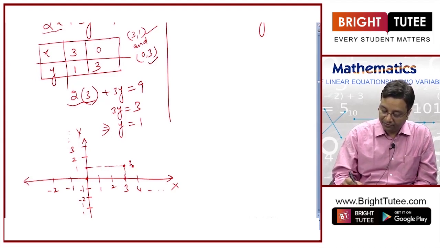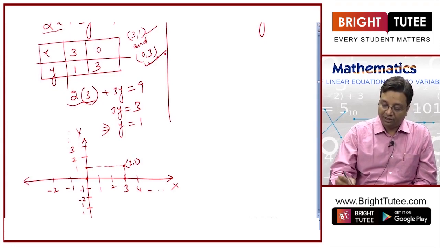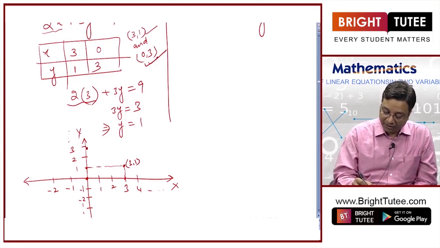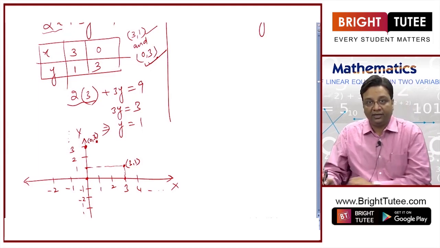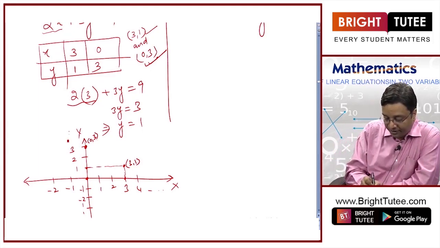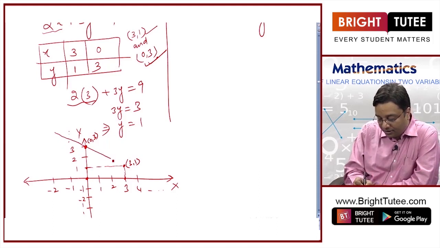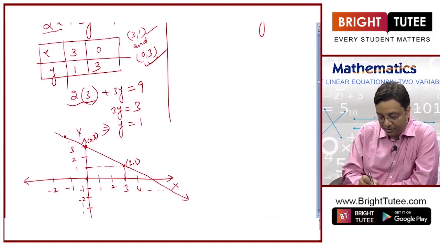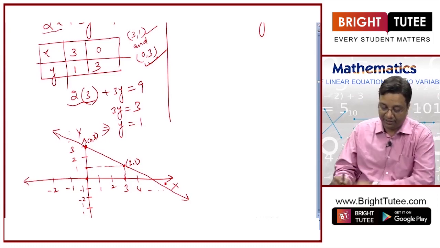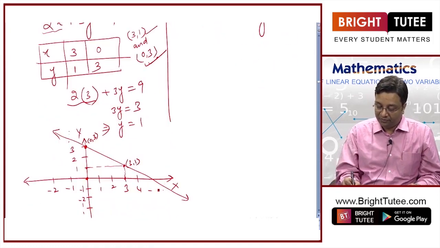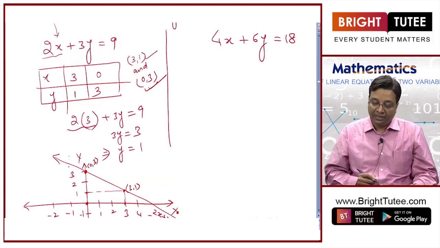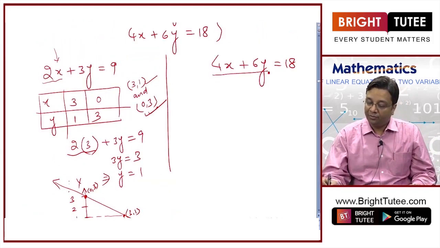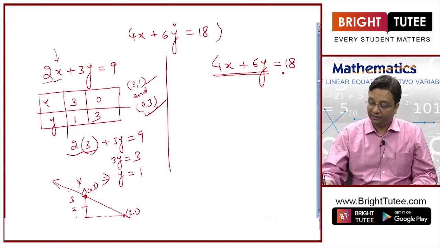This is (3, 1), right? (0, 3), 0 and 3. So this point is (0, 3), and 2 points are enough to draw a unique line. So this is the graphical representation of this line here, which is 2x plus 3y equal to 9.